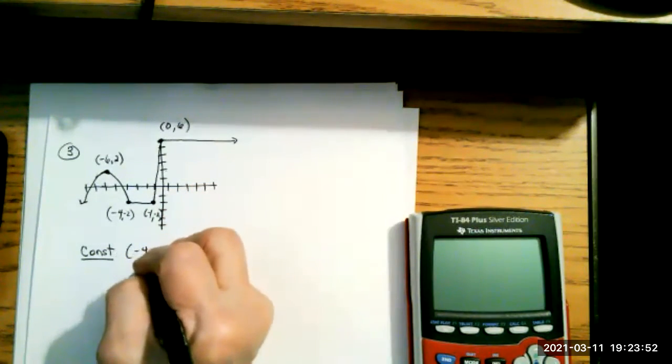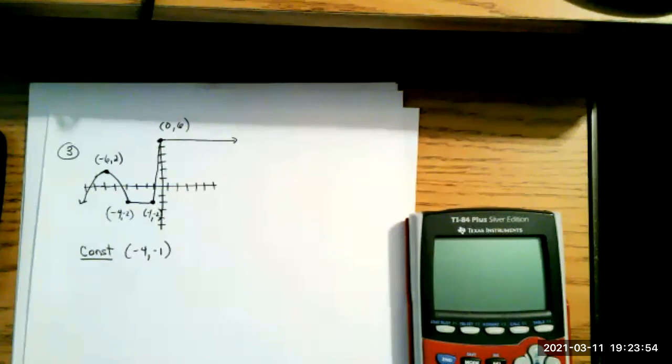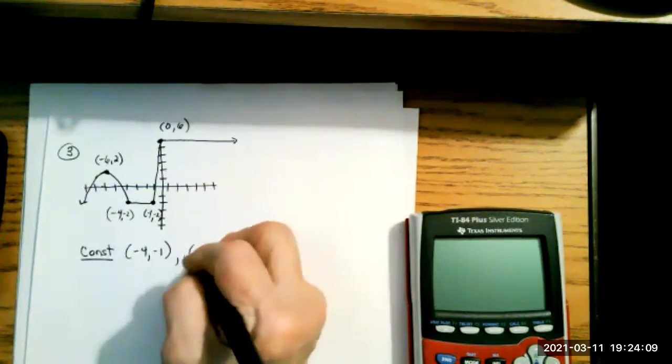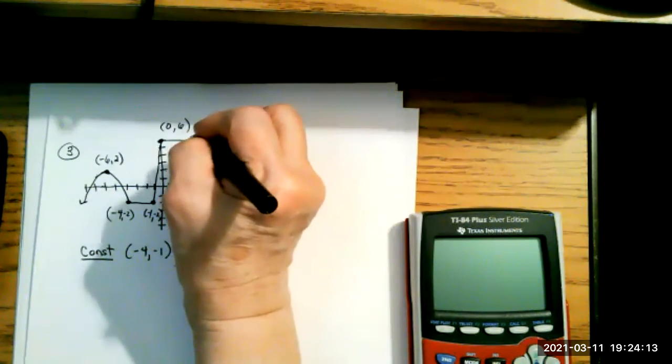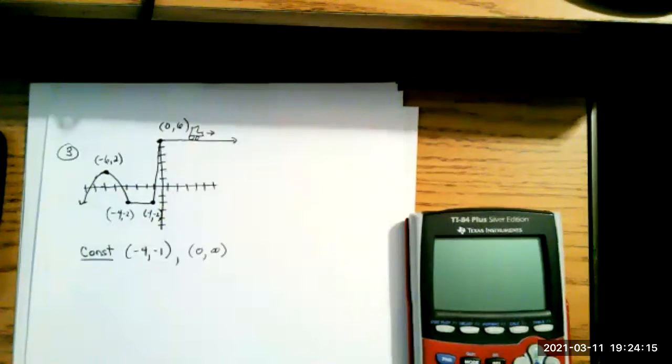Oh, sorry. It's a little blurry. I'm sorry. -4 to -1. And then is there another place that's constant? 0 to positive infinity. That's it. See, this one up here is also constant. It's just going straight across.